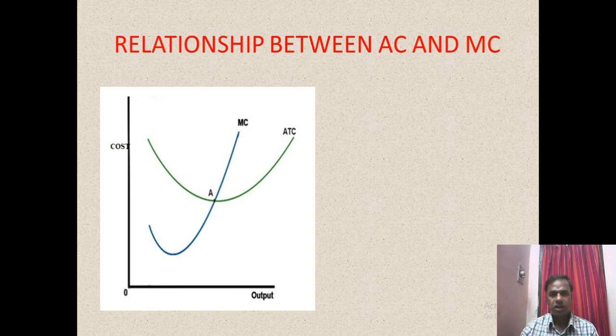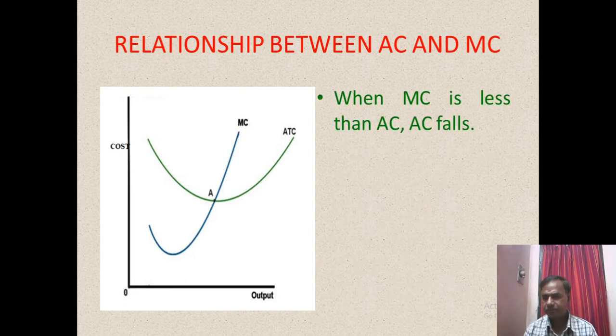Both the average cost curve and the marginal cost curve are U-shaped. First it diminishes, then it reaches a minimum point, then afterwards it increases.